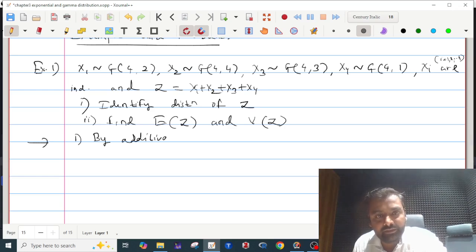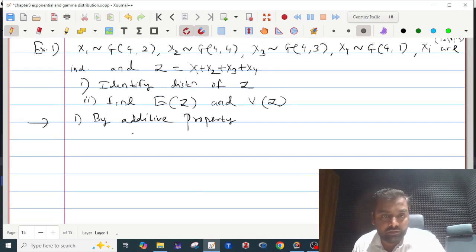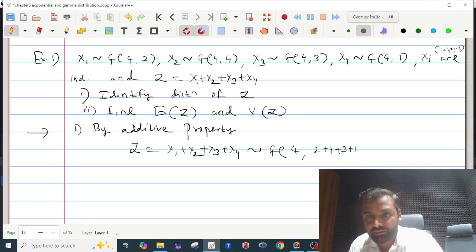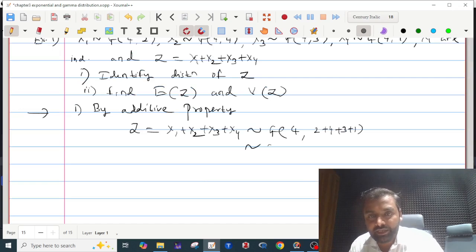By additive property, z equals x1 plus x2 plus x3 plus x4 follows gamma alpha, that is 4 fixed, lambda 1 plus lambda 2 plus lambda 3 plus lambda 4, that is 2 plus 4 plus 3 plus 1, so gamma 4 comma 10.